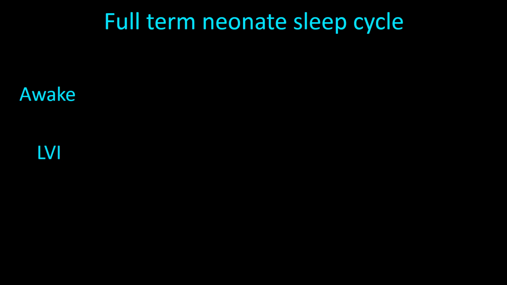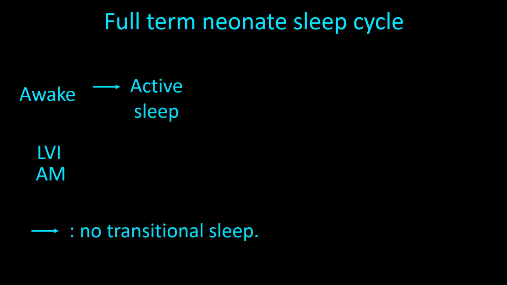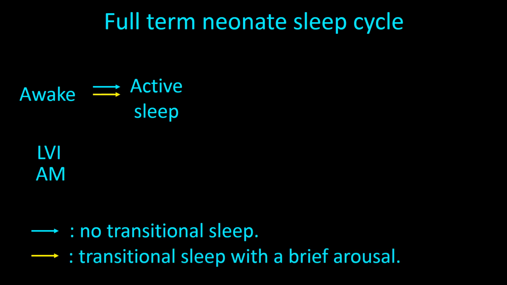At the time, the EEG pattern is characterized by low voltage irregular activity or activité moyenne. The full-term neonate may go into active sleep with no apparent transitional sleep, or a brief period of transitional sleep may occur. During this first period of active sleep, the prevalent EEG activity is activité moyenne.